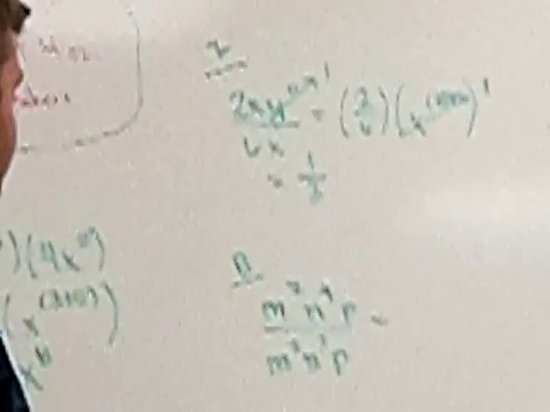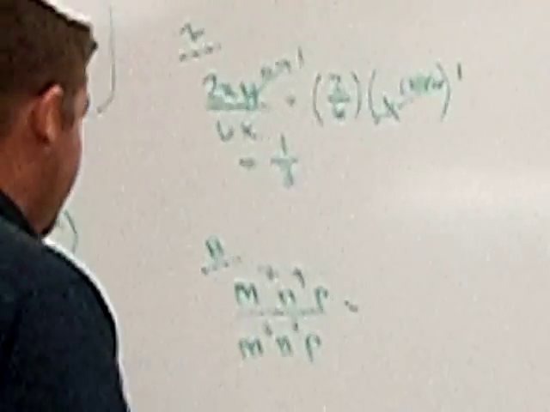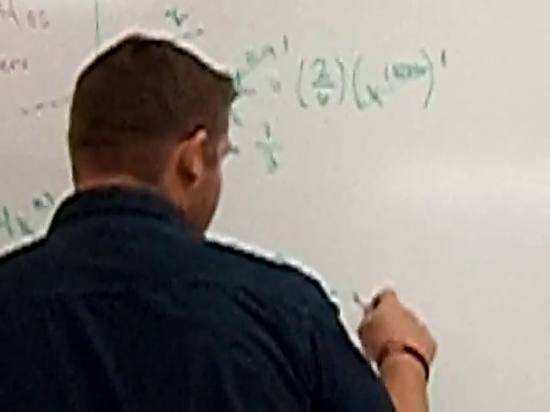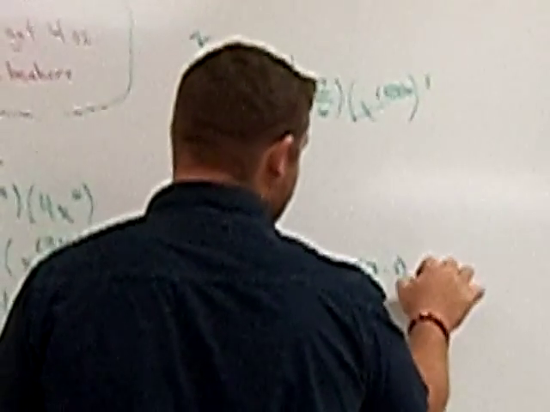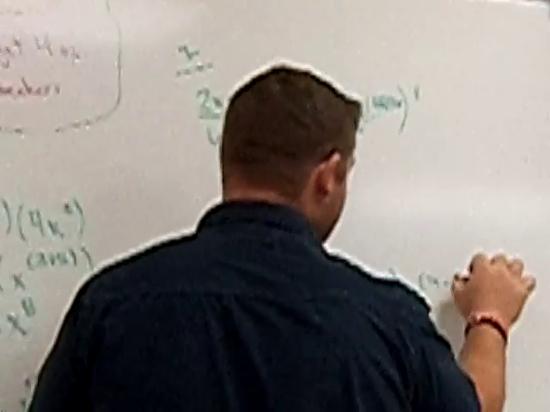All right? 8. Here's the deal. You've got m, n, and p. Your m's numerator exponent is 7, the denominator exponent is 3. Your n's numerator exponent is 4, denominator exponent is 3.